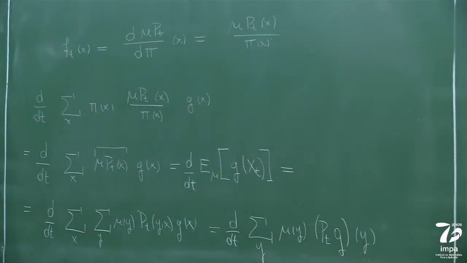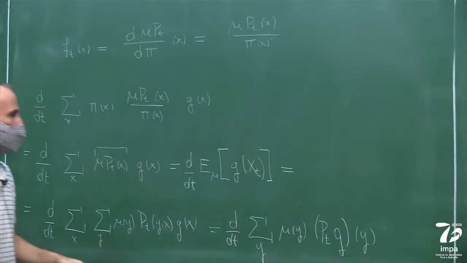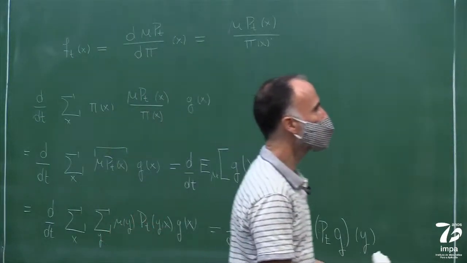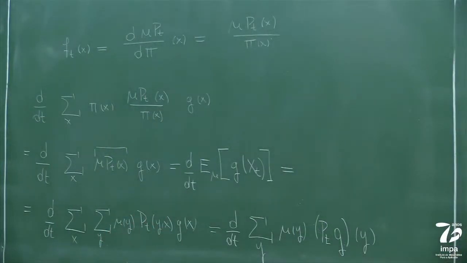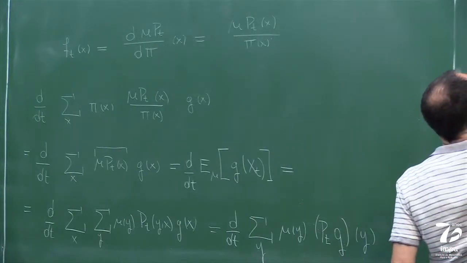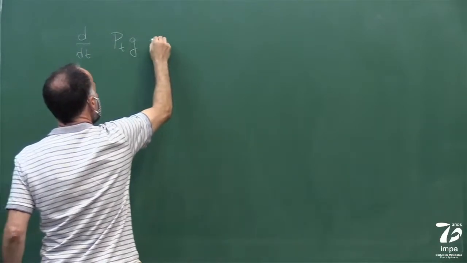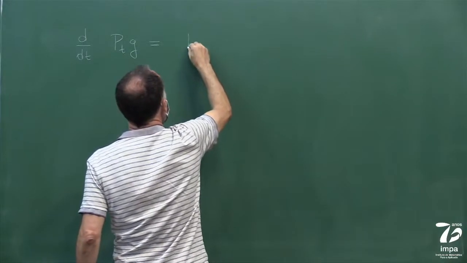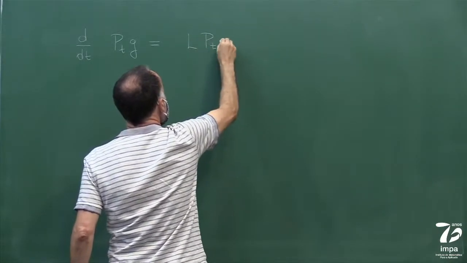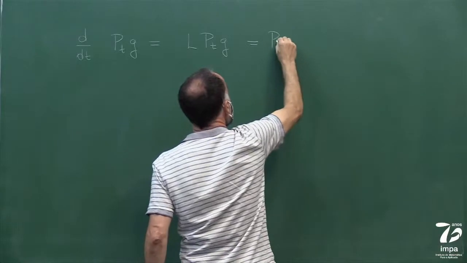Now let me take the derivative, and I know that the derivative of PtG is equal to L PtG, or PtLG.